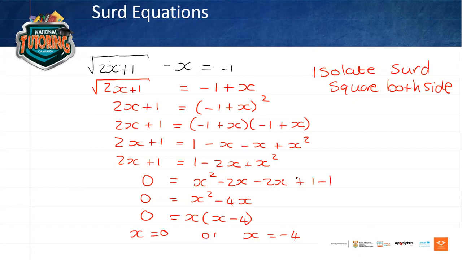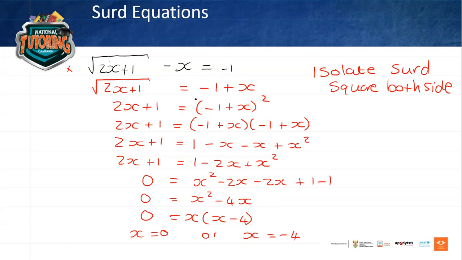Now, the last step for surd equations, which is vitally important, is to double check your solution. If we sub in 0 back at the top here, we're going to get the square root of 1 minus nothing equals minus 1. And that doesn't work.